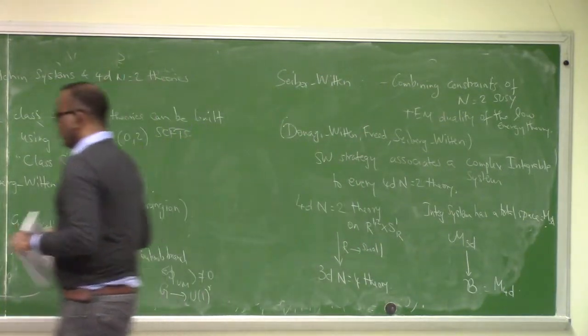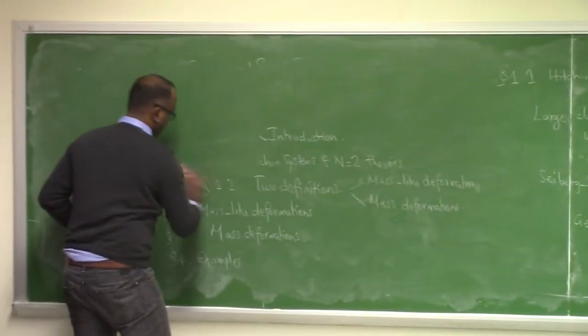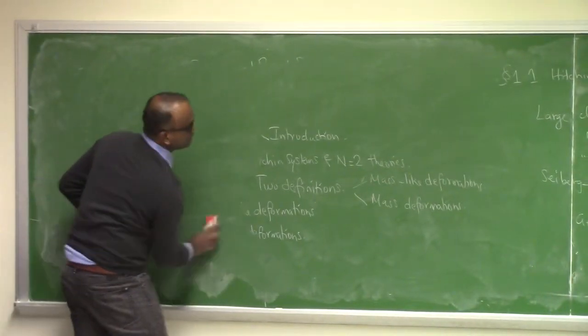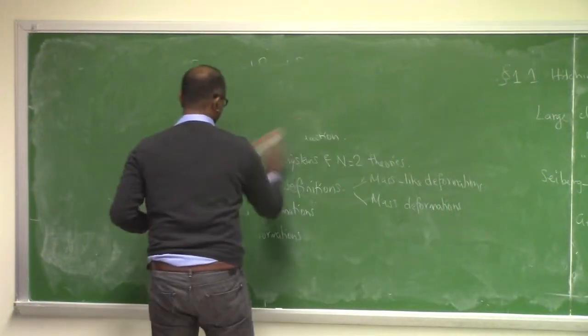So, one of the claims to fame of these class S theories is that their associated Seiberg-Witten integrable system is nothing but a Hitchin integrable system associated to a Riemann surface C, which I will explain.